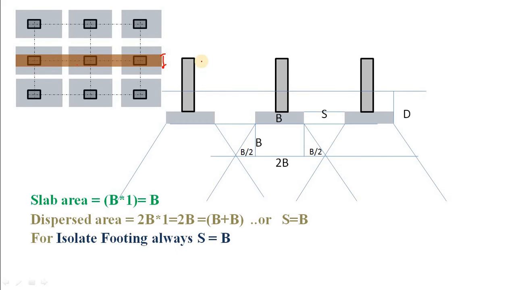If we cut a section here, it looks like this. These are the columns and these are the foundations. Width of each isolated footing, let's say it is B, and the edge to edge spacing between them is, say, S. Now you have provided your foundation at the depth of D from your ground level.